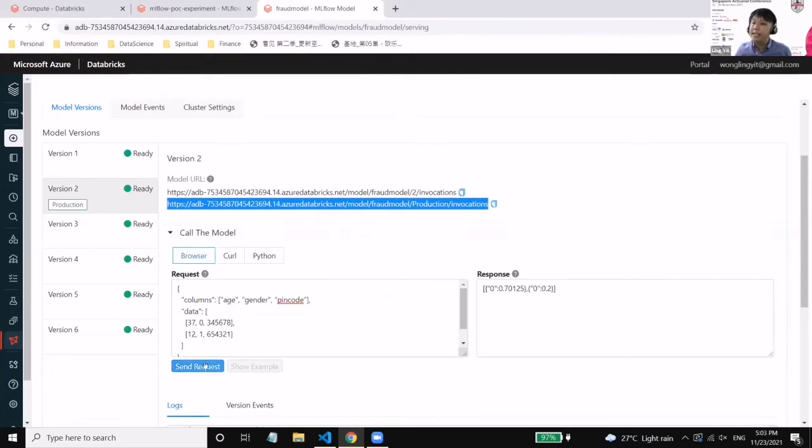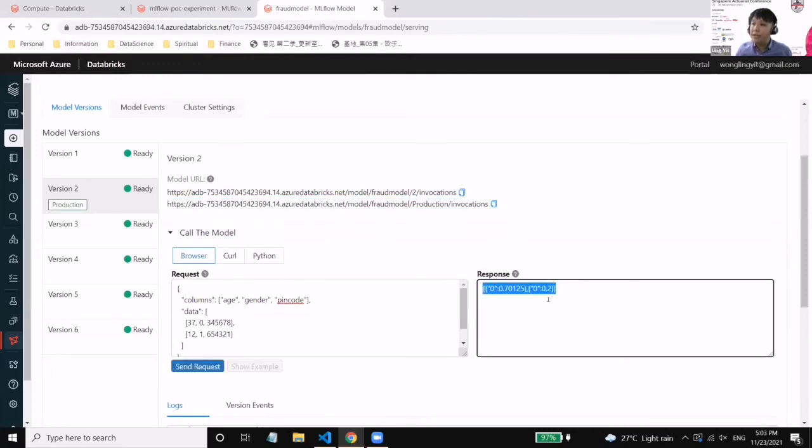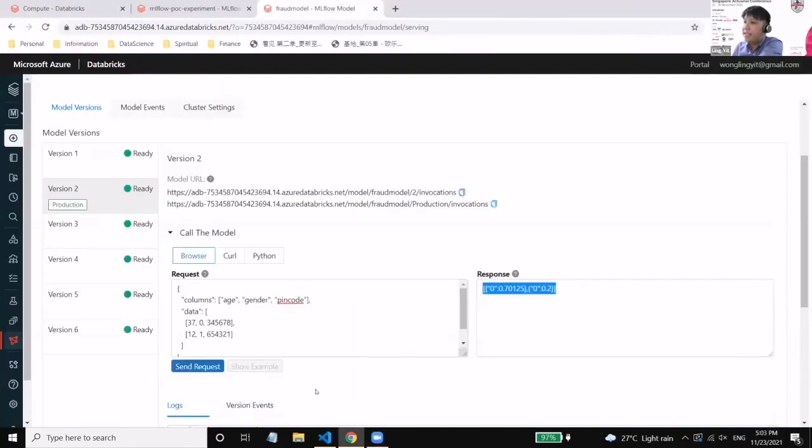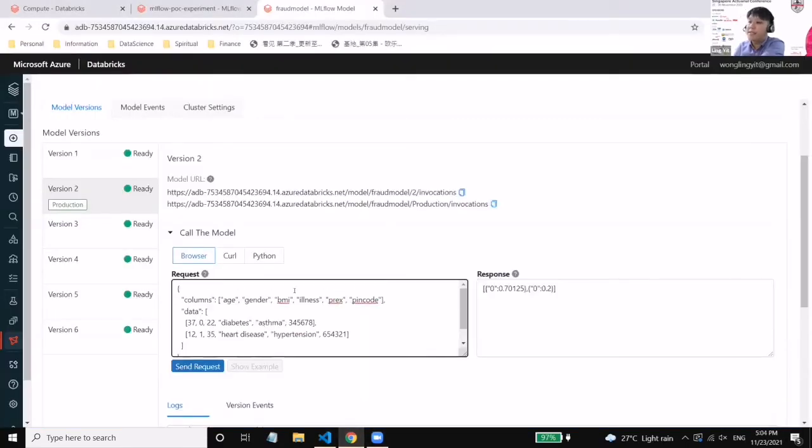So if we send data to the API, we can receive real-time scoring on a transaction level. But now, here, I have a different data set. This data set contains more data because we managed to collect more data. But this model doesn't take this new data into consideration, because it is an older version. And if we want to upgrade to a higher version, how easy is it for us to do it?